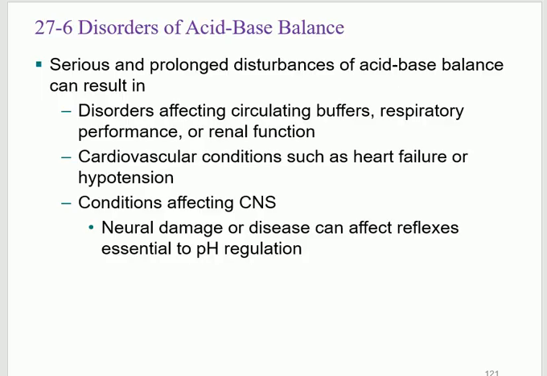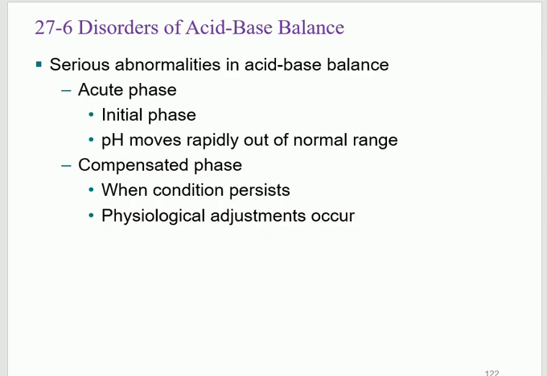So what are the disorders of acid-base balance? It's acidosis or alkalosis. This is what we were talking about all the time. In both cases, it goes into different phases: acute phase and compensated phase.